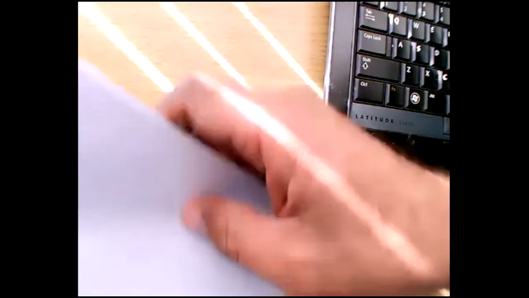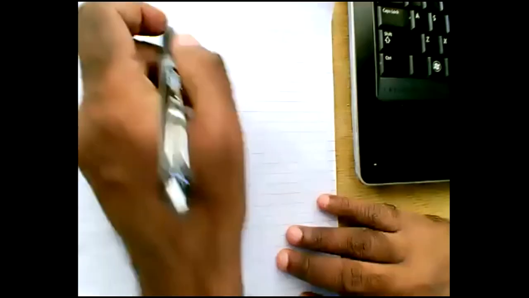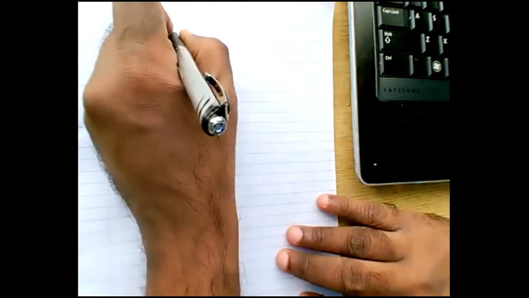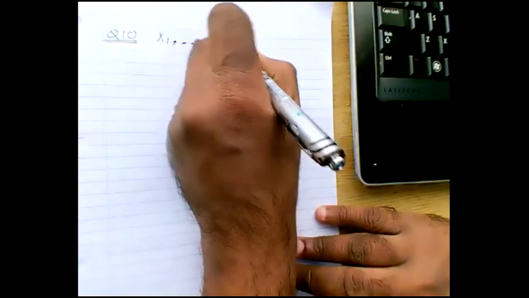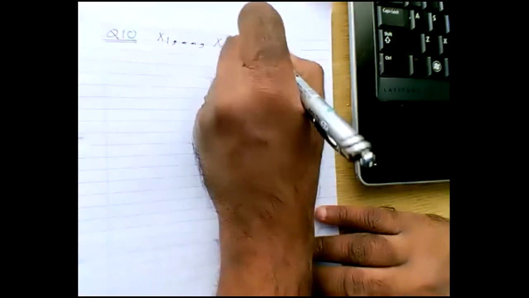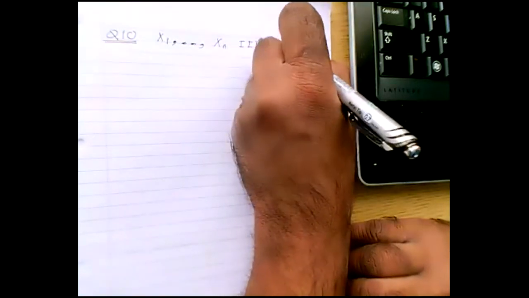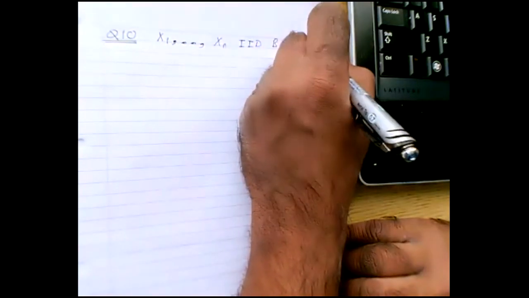Question 10. You have a random sample x1 to xn, which are IID from a binomial distribution with parameters m and p.